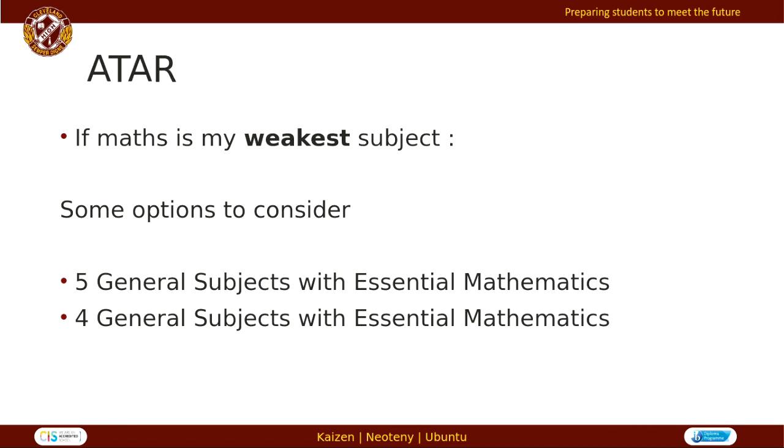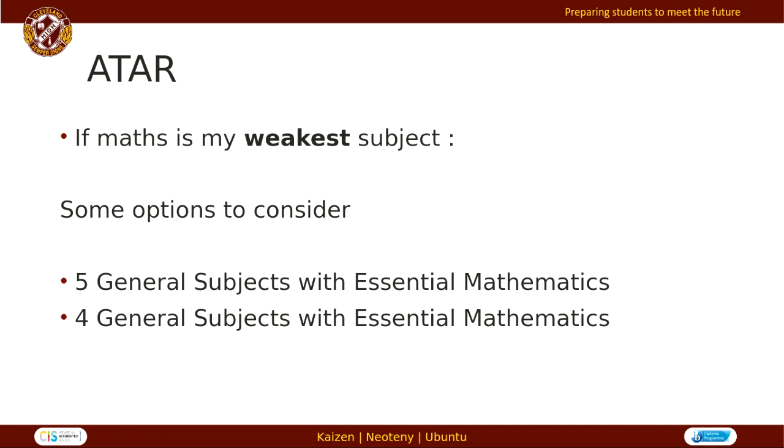Now, maths is a little bit difficult sometimes to choose. So if maths is my weakest subject, now these are some options. This is only advice. If I'm really weak at maths, I'm going to make sure, if I want an ATAR and I want my best ATAR, that I would choose 5 general subjects with Essential Mathematics.